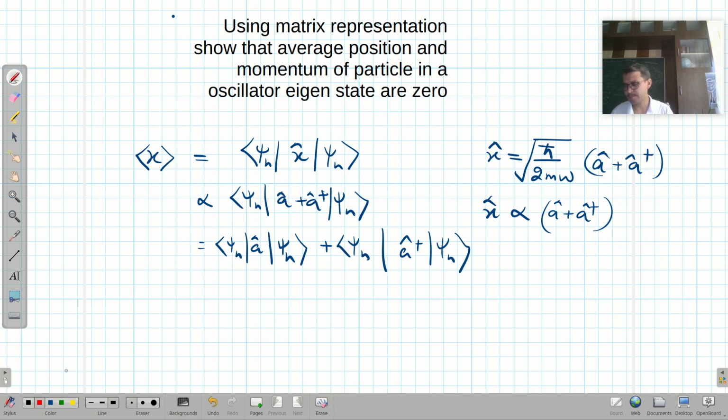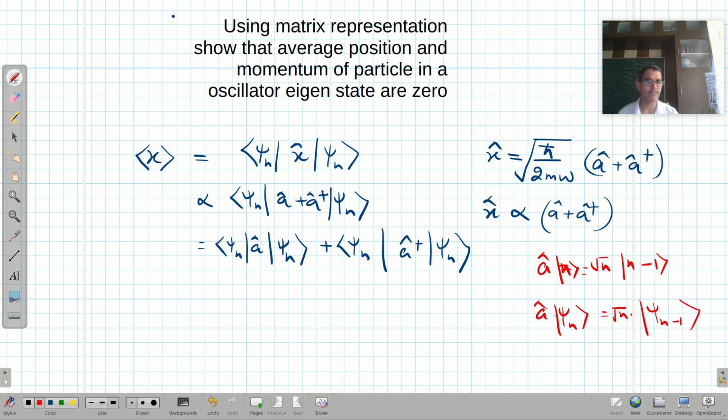So let me recall another relationship for the harmonic oscillator: a psi n can be written as root n psi n minus 1. So it can be written this way.